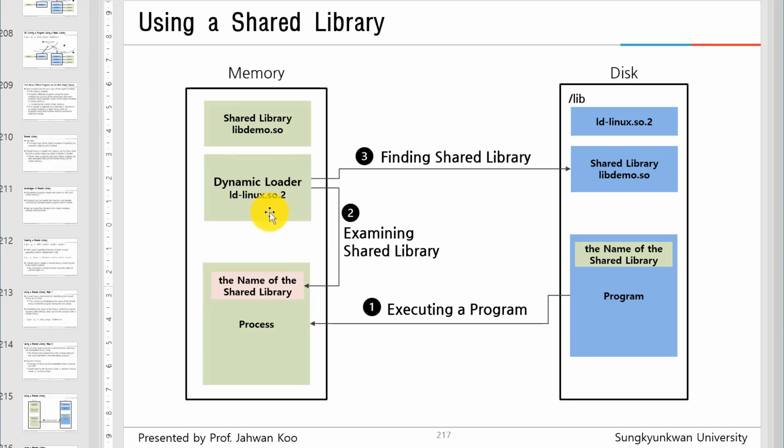The dynamic loader finds the shared library in the common standard directories. Normally, the common standard directories means /lib and /usr/lib.